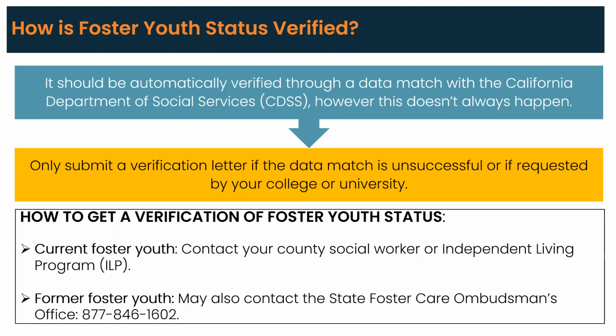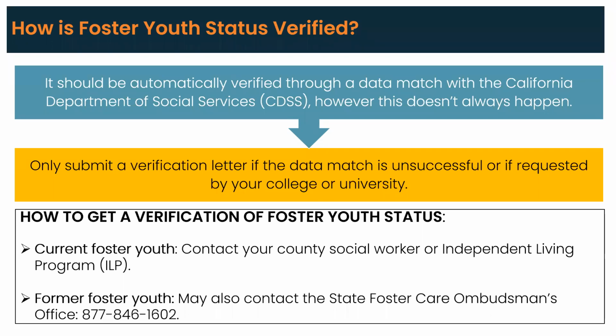So just to be prepared, many of your youth might still get flagged for verification and asked to provide this letter, or maybe there was an unsuccessful match in the system. So if they are asked to provide the letter, they definitely need to get it. And it's a very simple letter. It doesn't provide any details about why they were involved in the system. It's not a minute order. It really just says this is when their case opened and closed.